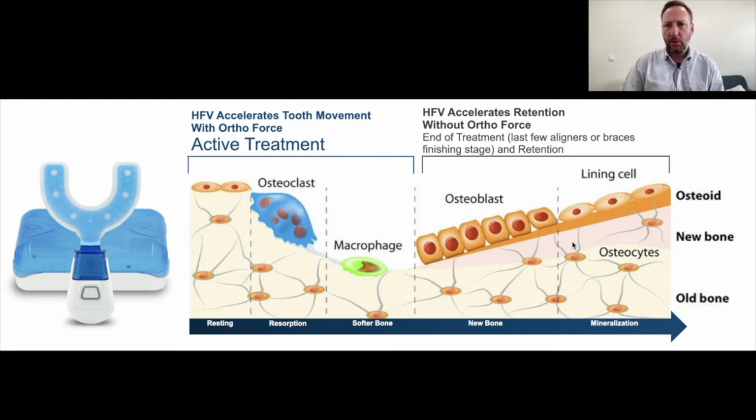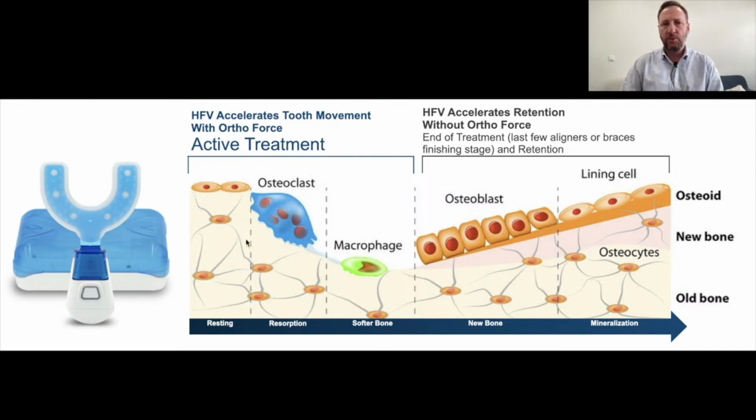Okay. So the whole science behind what we are doing with this vibration. This vibration is not just to seat the plastic better on the crown. It's not to improve the tracking. The vibration using this high frequency level of 120 hertz is going to activate and stimulate a lot of cells, inflammatory cells.